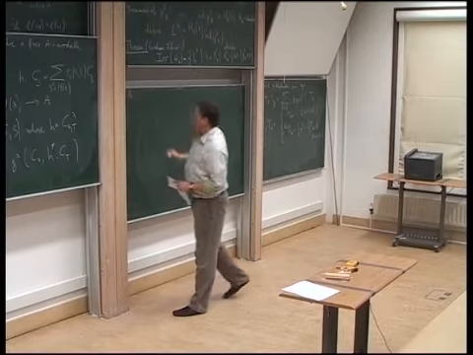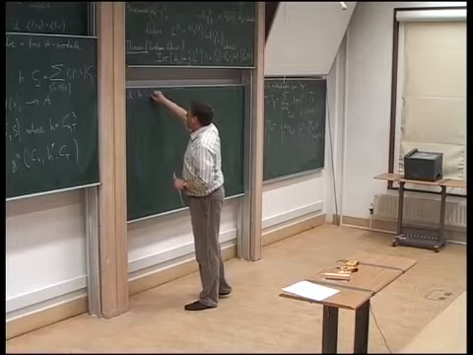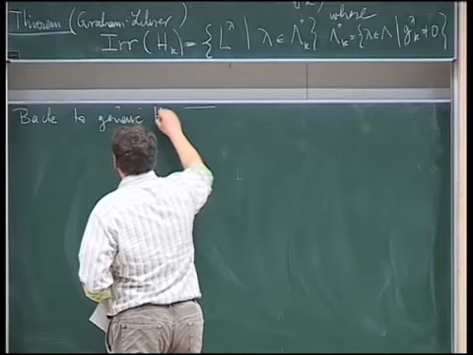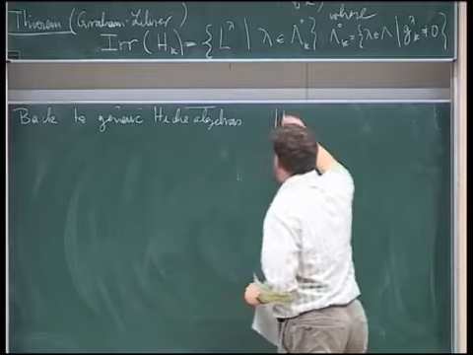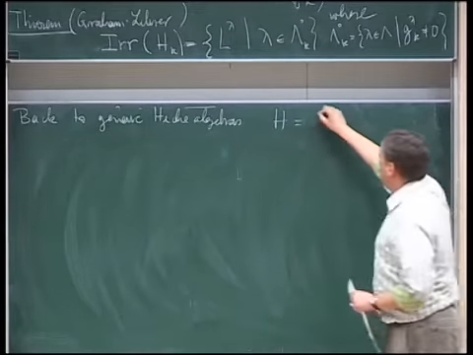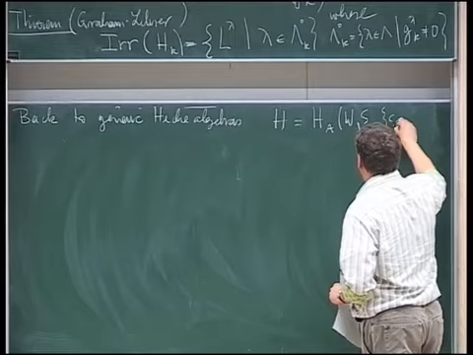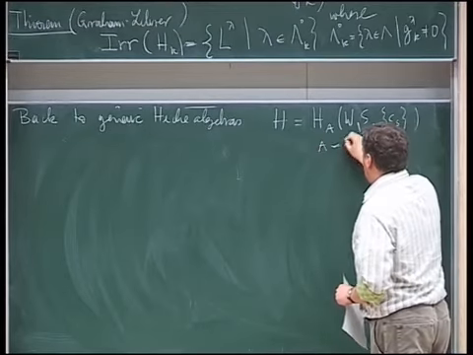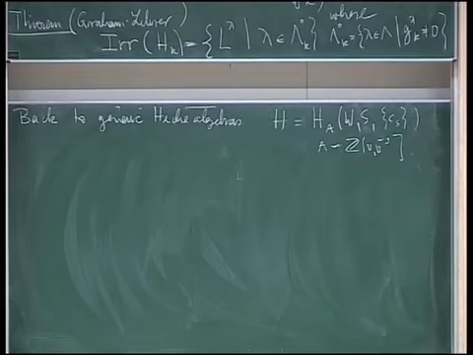So with some 15 minutes left, let me just give a special case here, historically the first case where this was known. So back to generic Hecke algebras. We assume that our H is such an algebra. Can we find a cellular basis in there?